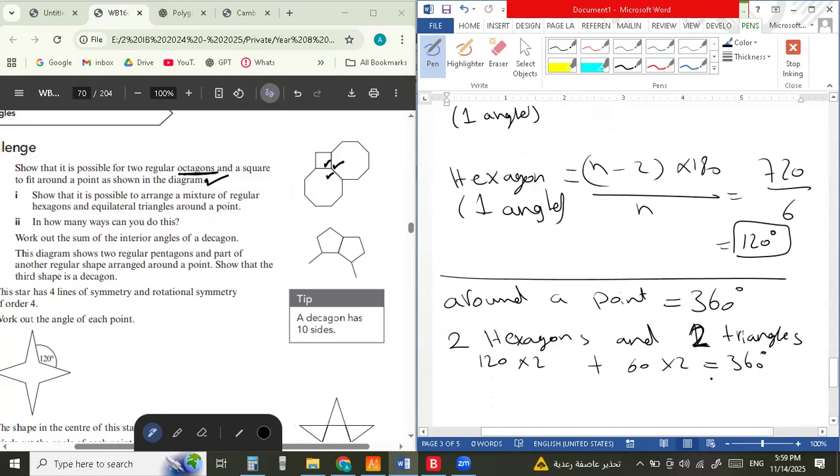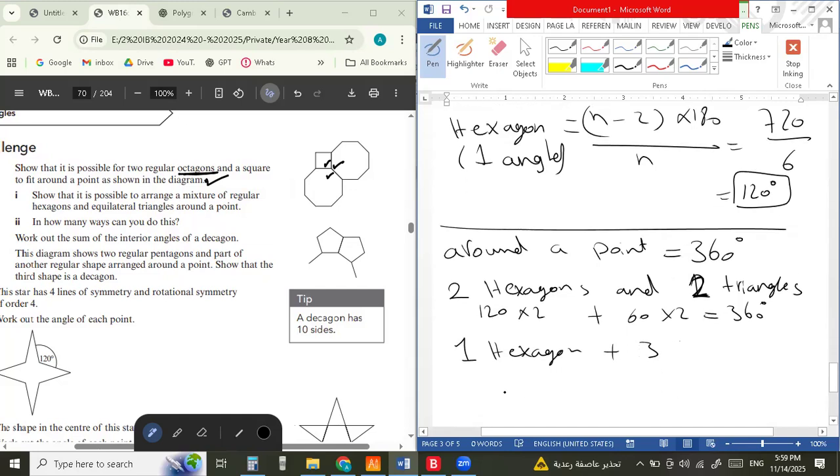How could I find out about 2 and 2? It's trial and error actually. You could have started with the least number of hexagons. So one hexagon, and let's see how many triangles. One hexagon has one interior angle of 120 degrees. How many are left to reach the 360? 240.